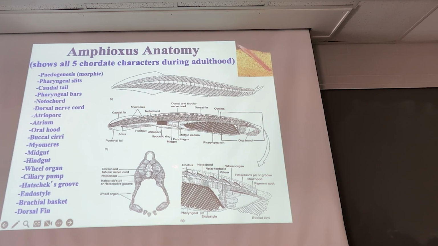So here are the drawings out of the textbook that I suggested you might want to look at. But again, you don't really need to purchase it because I give you all the structures as long as you're in lecture, which you all are showing up, so that's good. So we have all five chordate characters, and then a list of terms here. Some of these you've seen, some of them you have not.